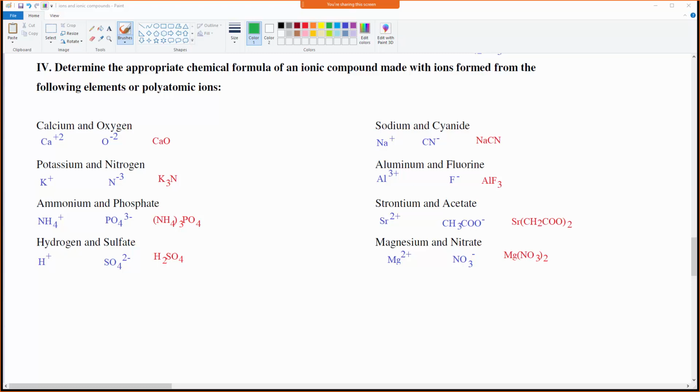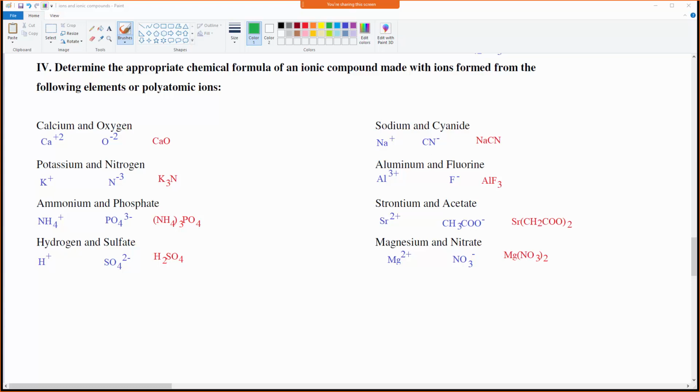All right, so our lecture today is going to move from what we've talked about here, where we made ionic compounds if we could identify the formula and charge of the ion, because we figured out how to put them together so that the overall charge would be 0, because if there's still a charge left, then it's still an ion. So today we're going to start by going backwards.